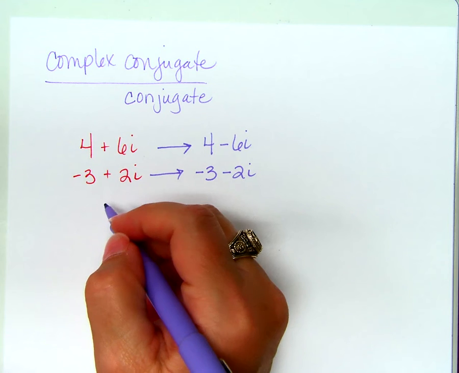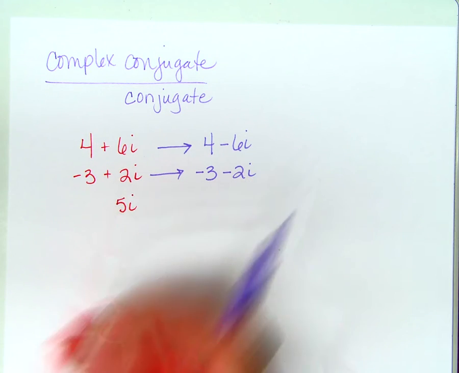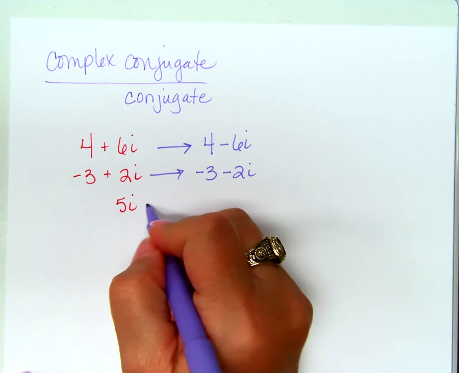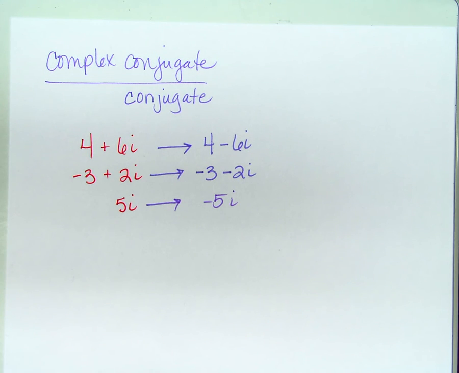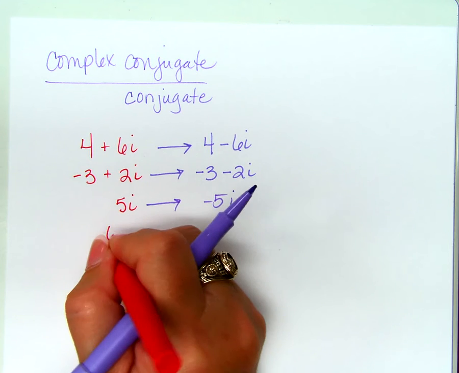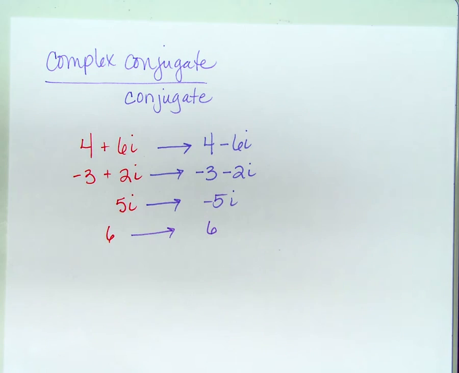What if I tell you that my actual number is 5i? What's my complex conjugate? Negative 5i. What if I tell you that my number is 6? What's its complex conjugate? 6.